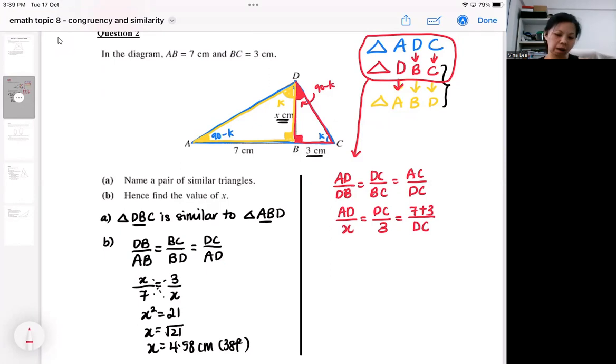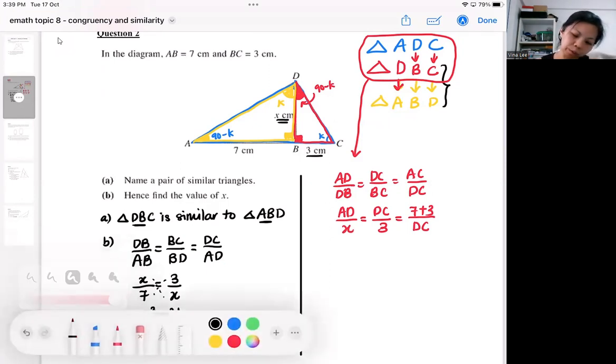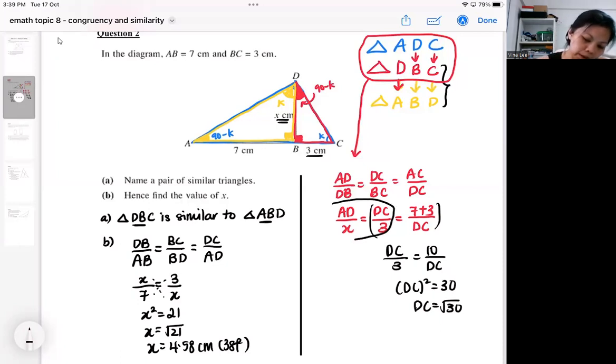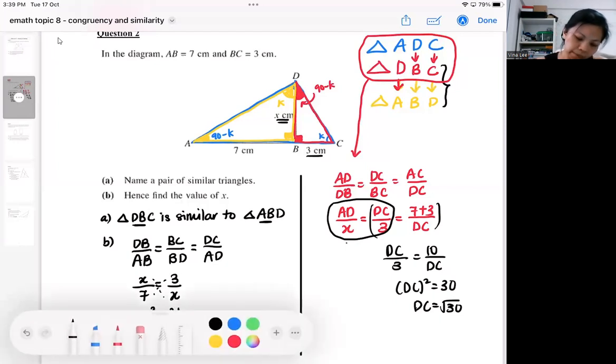Unless maybe you want to find your DC first. So you get a DC squared after cross multiplying, and then you get square root 30. Then after you get square root 30, you continue with this one.